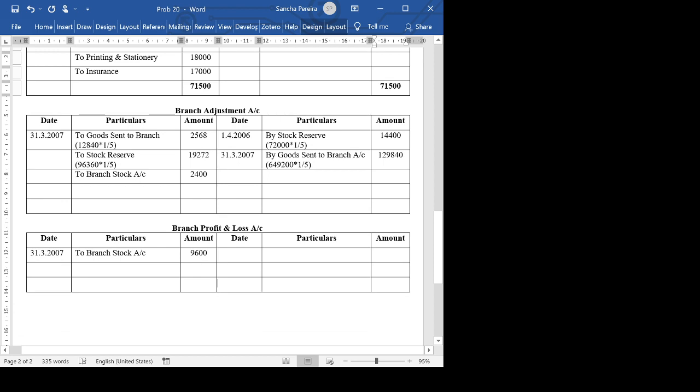So if we say by branch P&L account there, here it will have to be to branch expenses, 71,500.